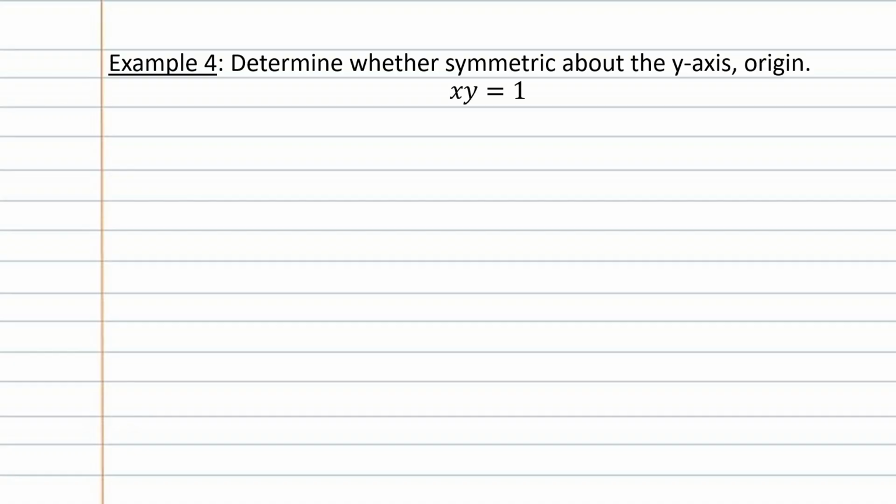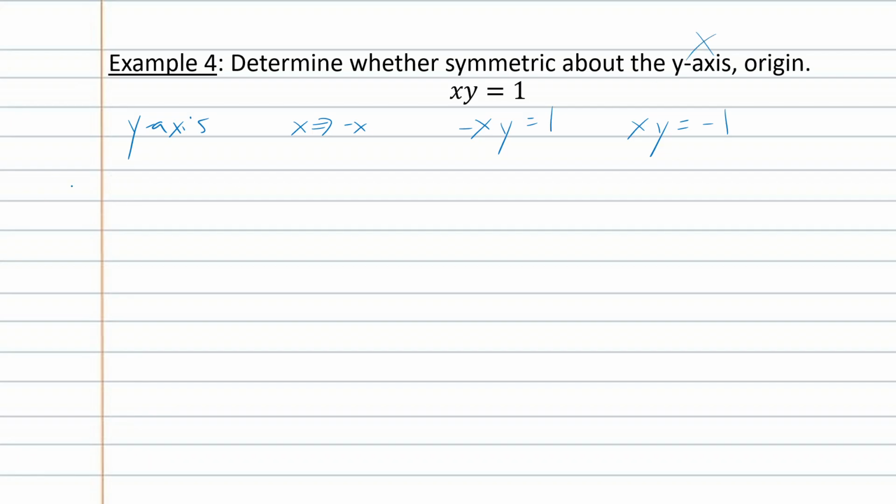Alright. This one says determine whether it's symmetric about the y-axis or the origin. Okay. For checking the y-axis, we're going to let x be negative x. That means that this is negative xy equals 1. If I tried to simplify it down, it would be xy equals negative 1. That's not the original, so the y-axis doesn't work.